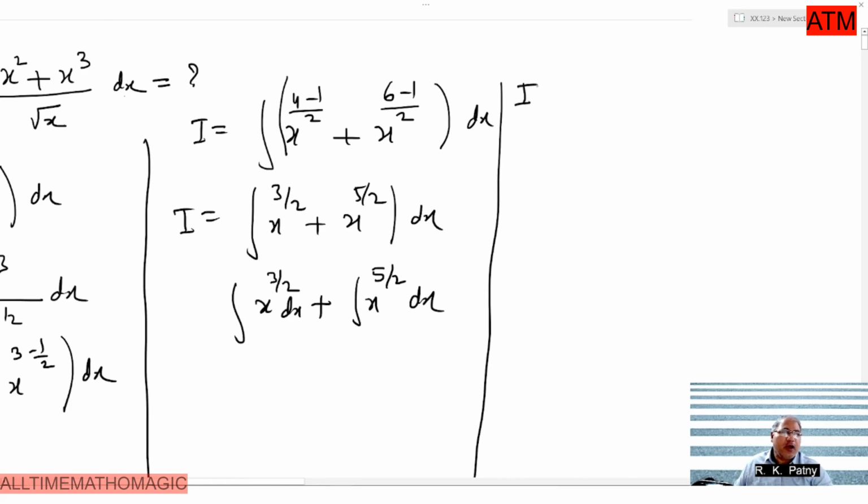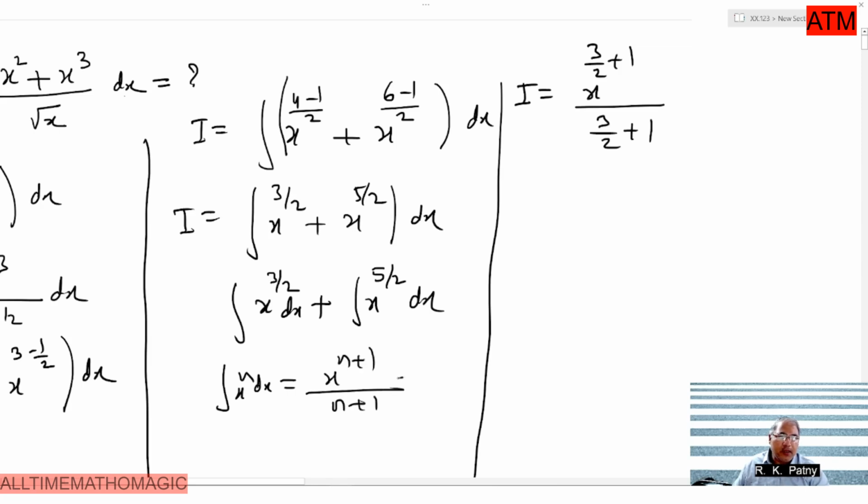Therefore I equals x raised to 3 by 2 plus 1 upon 3 by 2 plus 1. What have I done here? Integration of x raised to n with respect to x is nothing but x raised to n plus 1 upon n plus 1 plus c. This formula I am applying here. Now x raised to 5 by 2 gives x raised to 5 by 2 plus 1 upon 5 by 2 plus 1.